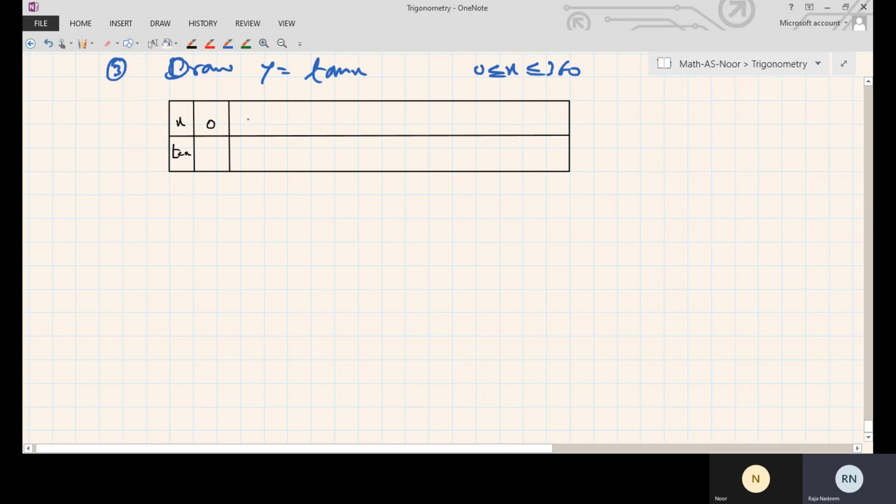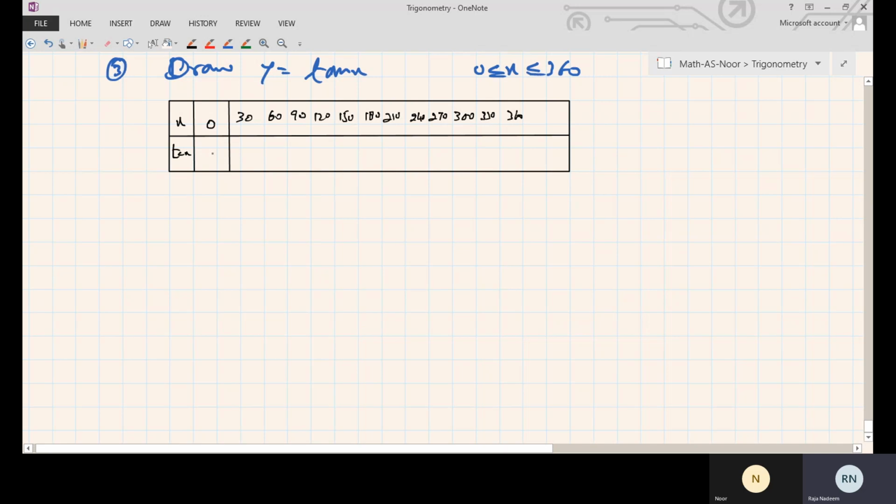We'll take the same kind of angles: 0, 30, 60, 90, 120, 150, 180, 210, 240, 270, and this is 300, 330, and 360.